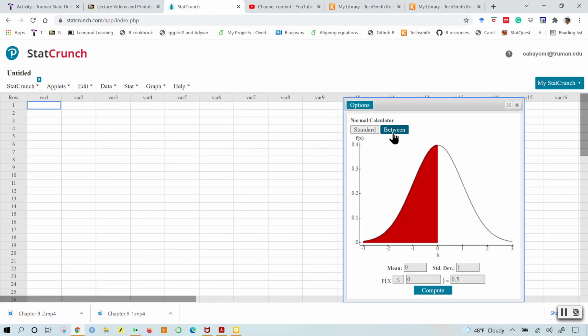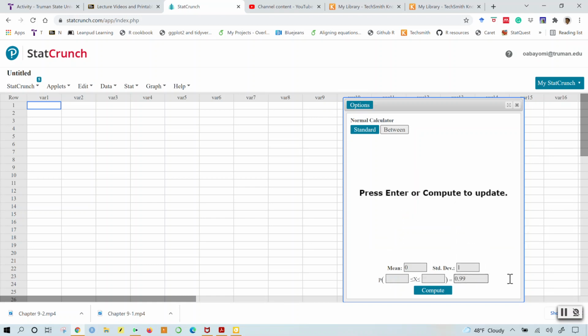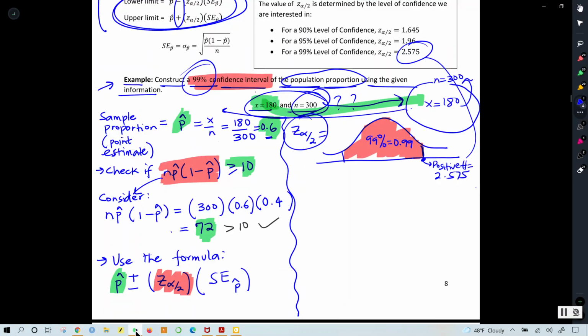I want between, and leave your mean as 0 and 1, the standard normal distribution. I'm going to change this to 0.99. Where did I get 0.99? Just a friendly reminder that it came from the confidence interval, 0.99.